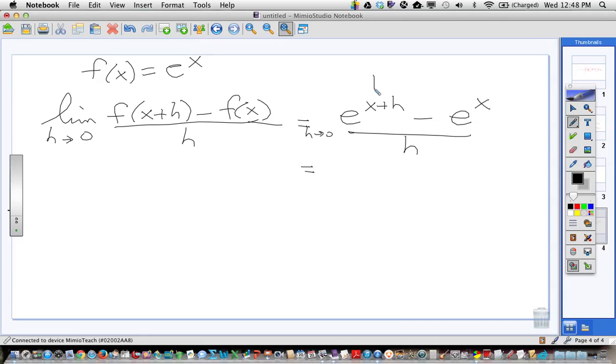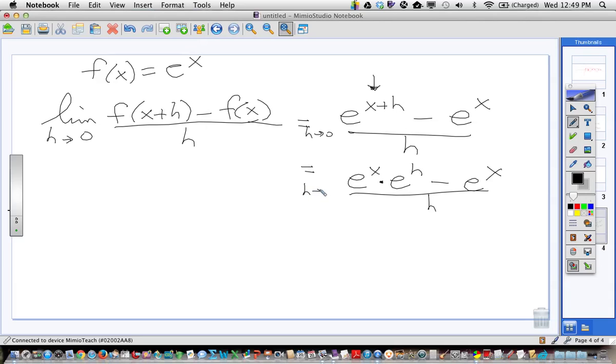Well, it doesn't seem to be anything really, but there is. What causes you to add powers? When you multiply. So wouldn't it be true that e to the x plus h would be equal to that? Correct? e to the x times e to the h, you would add the powers, you get e to the x plus h. So let's do that.